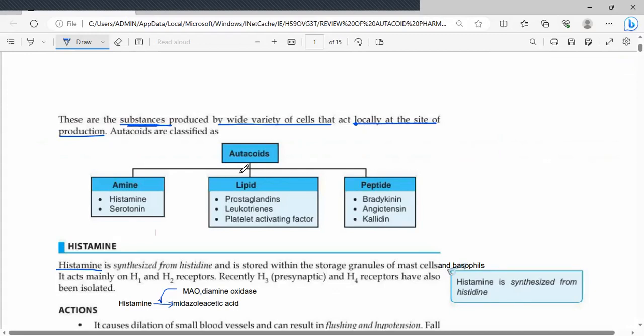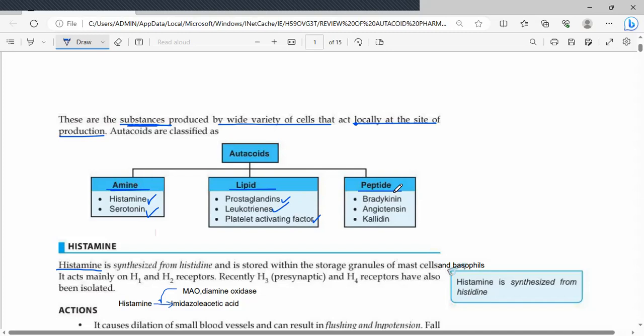Remember that. Under autacoids, they are either amines, lipids, or vasoactive peptides. Amines are histamine and serotonin. Under the lipids, we have the prostaglandins, leukotrienes, thromboxanes, platelet activating factor, and the peptides, they are vasoactive, so they have their effect on the blood vessels.